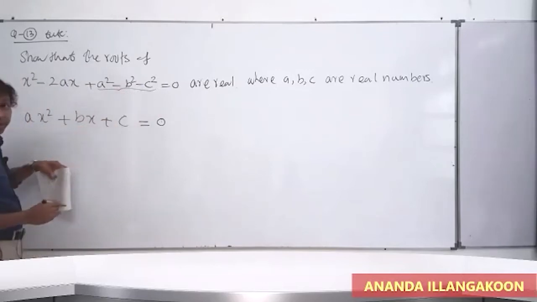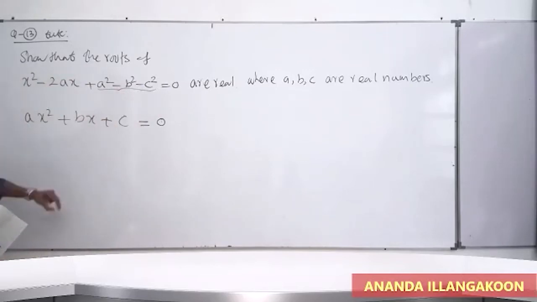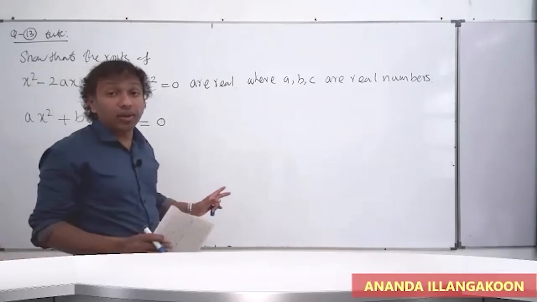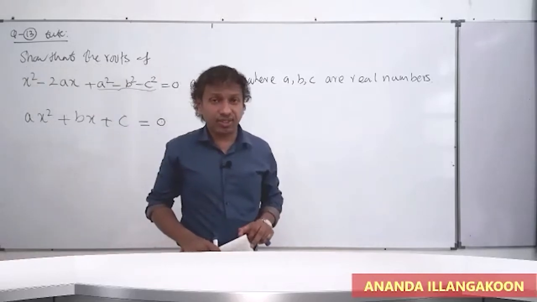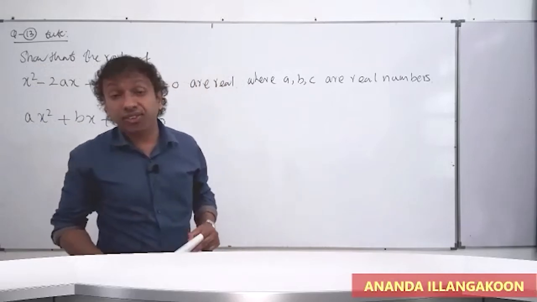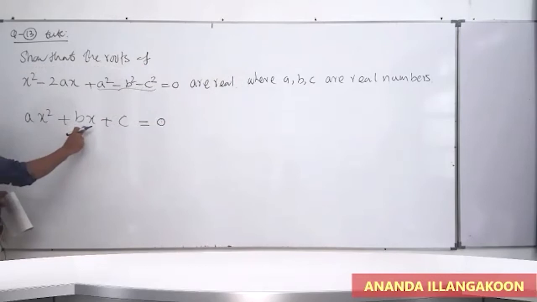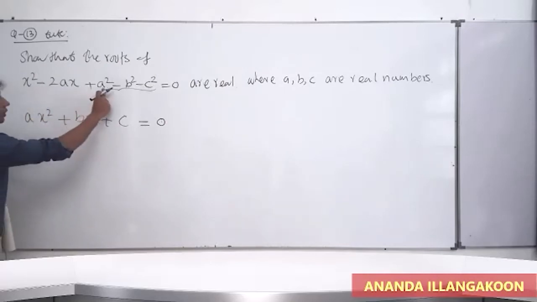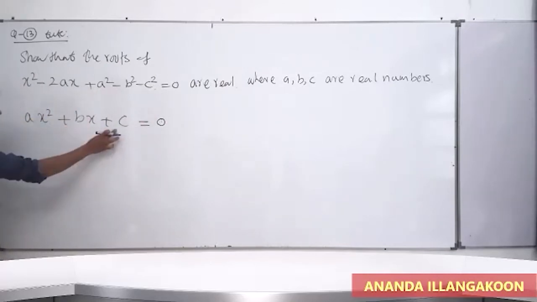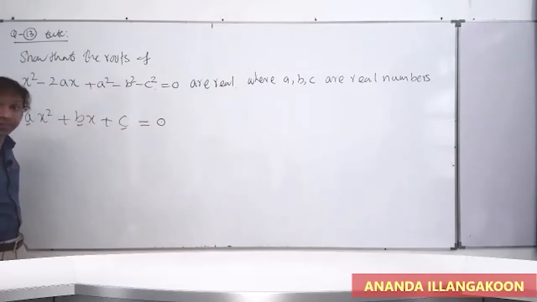So now we can compare this given equation with the standard quadratic equation, ax squared plus bx plus c. By comparing, you can get the values of a, b, and c. How?